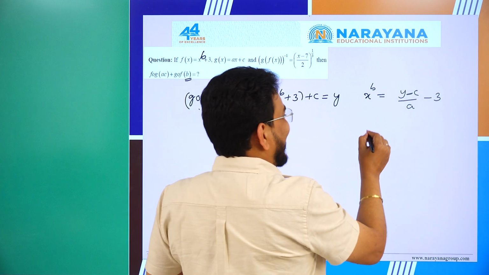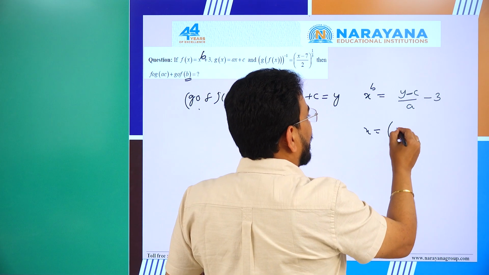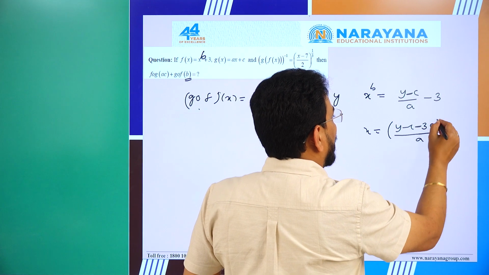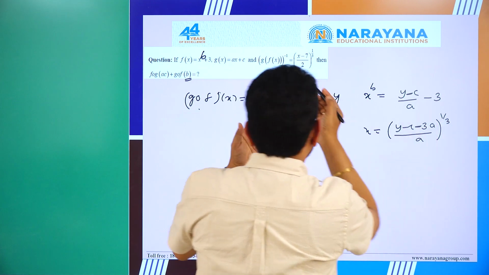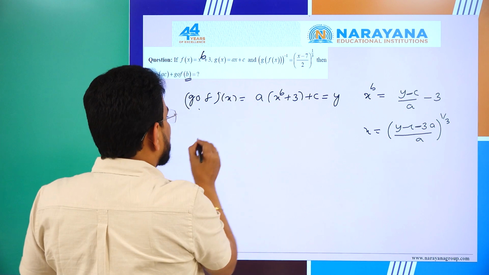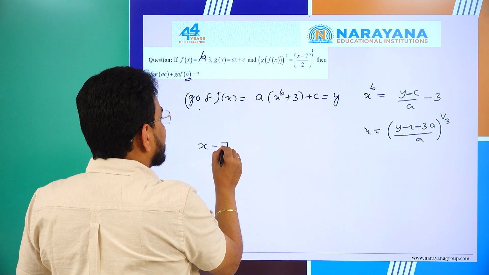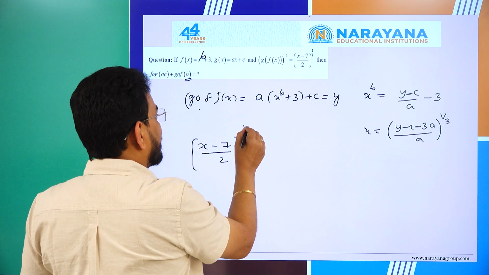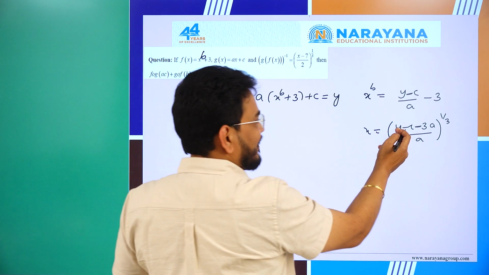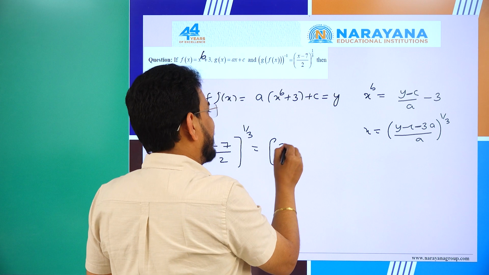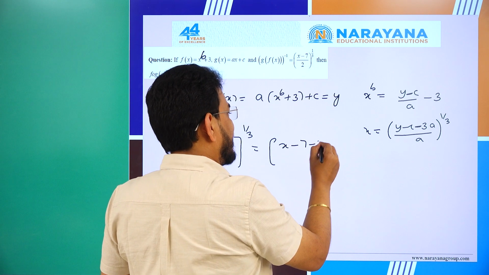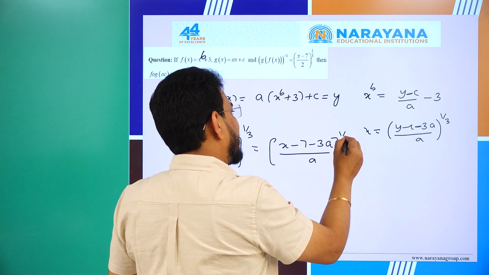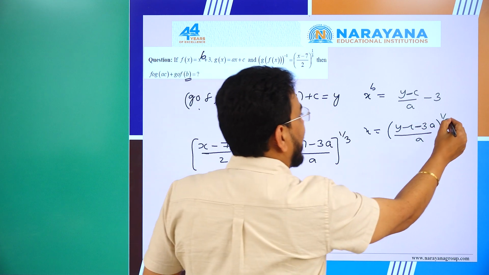So x is equal to y minus c minus 3a by a whole power 1 by 3. So this is what g inverse. So x minus 7 by 2 whole to the power of 1 by 3. So replace y with x. This is x minus c minus 3a by a to the power of 1 by 3. Sorry, 1 by b.